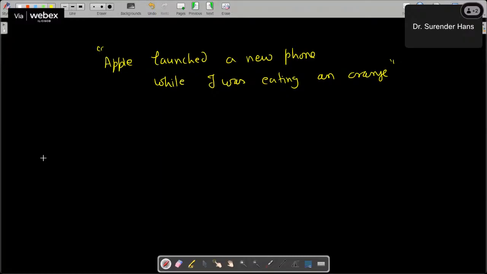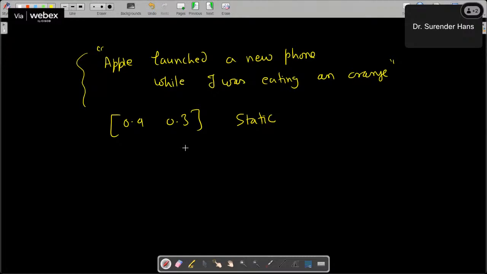Now the problem arises. What is the embedding of Apple? It is 0.9 and 0.3, and this embedding is static. This assumes that wherever Apple is used, it will be a fruit only, but you can see from this sentence that Apple is actually used as a phone company.